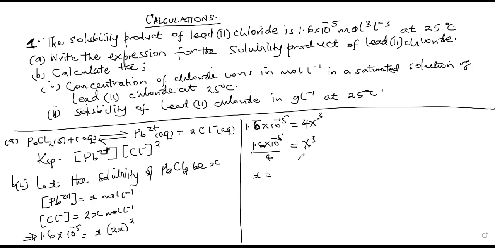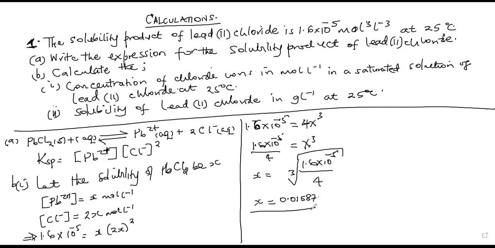So x is the cube root of 1.6 × 10^-5 over 4. This will give the value of x as 0.01587. So this is the value of x.